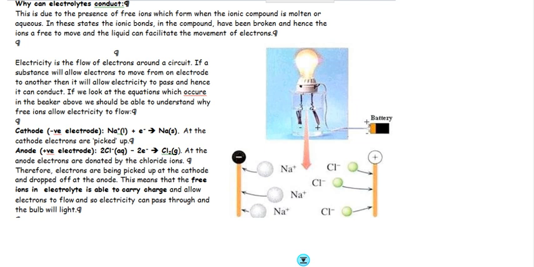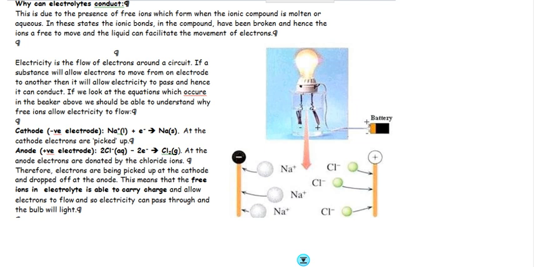Now this can often be confusing because if you remember back to ionic bonding, we had the cation, and the cation was a positive ion, but now the cathode is the negative electrode, so be careful there. You have them both starting with the prefix cat, but one is a positive ion and one is a negative electrode. So the best way to remember it is that cathodes attract cations and anodes attract anions.